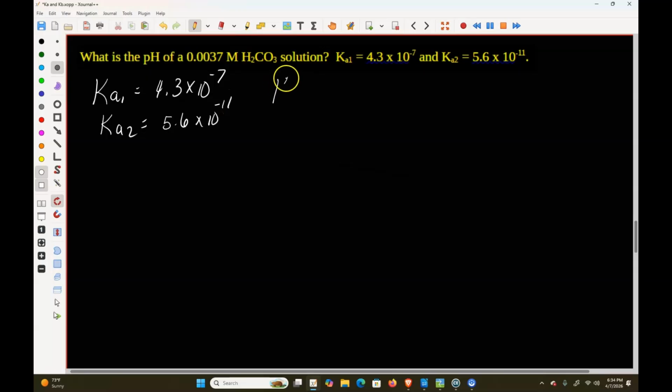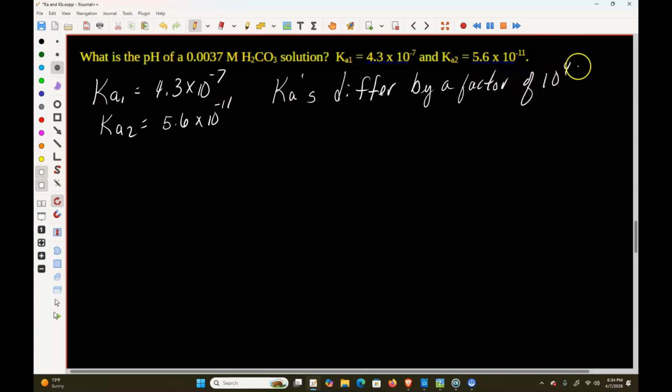All right, the Kas differ quite a bit, by a factor of 10 to the 4th power. Therefore, I'm going to say that Ka2 has little effect since it is so small compared to Ka1. So then we can do our ICE table.